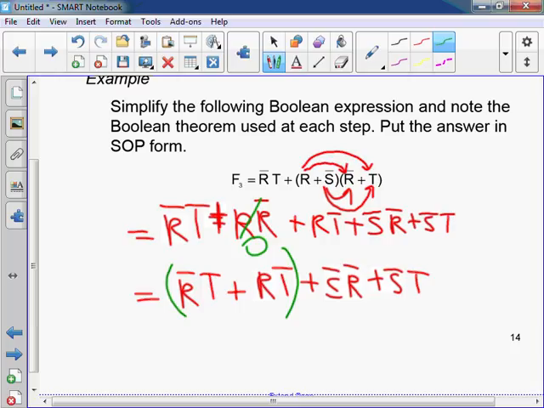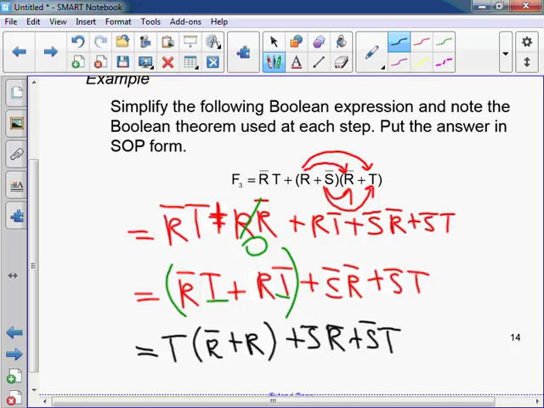Now you can see that I have t in common in both terms inside the parentheses. So that means I can take t out.